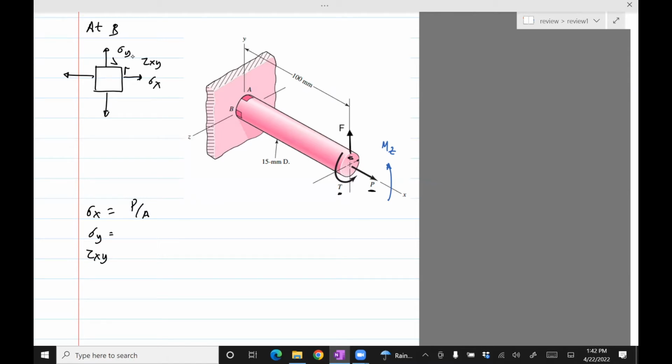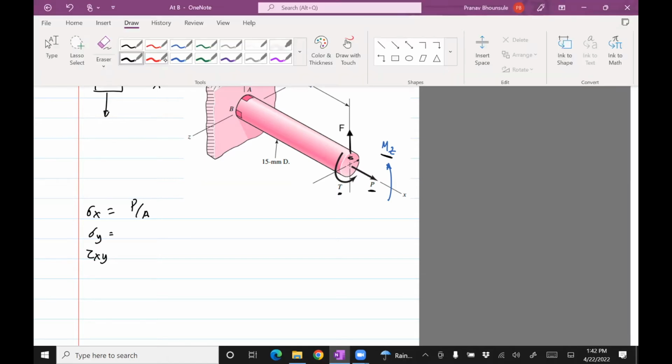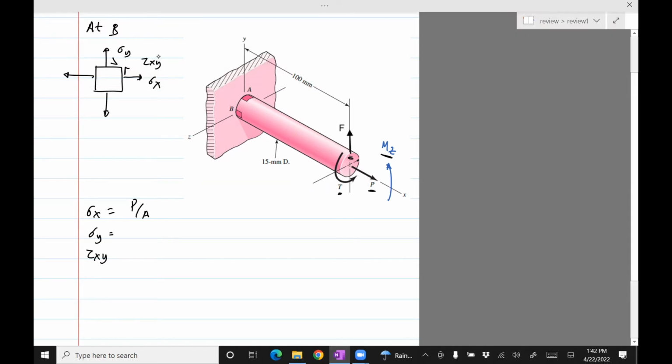And then we have MZ. Does MZ contribute towards the stress at B? What about MZ? Anybody? No, okay, no. So it's no because B is on the neutral axis. So the neutral axis for this MZ is this plane.